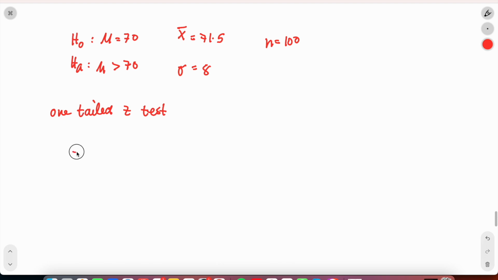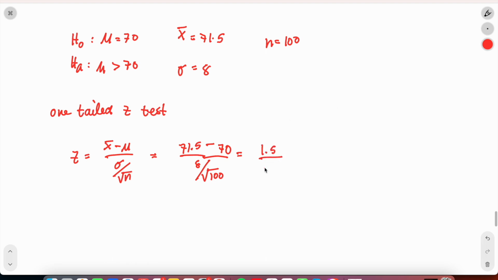Okay, so to recall, to get the z, we have x bar minus mu over sigma over square root of n. So we have this given 71.5 minus mu 70 and 8 over square root of 100. So get your calculators. You should have 1.5 over 8 over 10, 1.5 over 0.8.